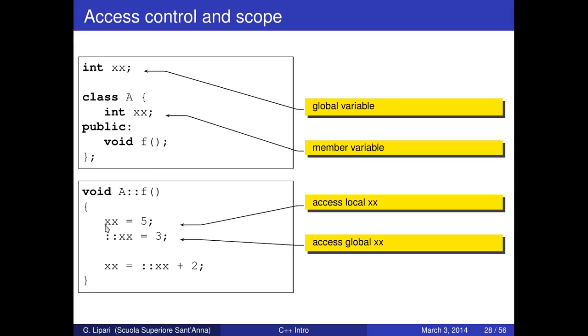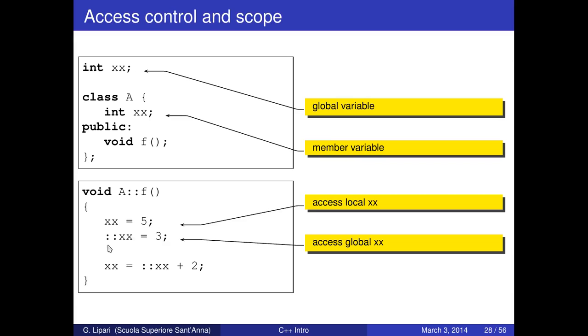Which one are you going to access? If you write XX equal to 5, the scope is first of all the function and then the class. So basically XX equal to 5 is going to access and modify the member variable XX.